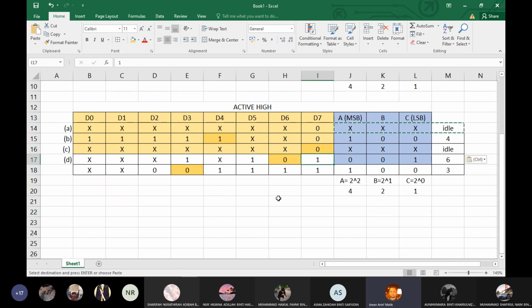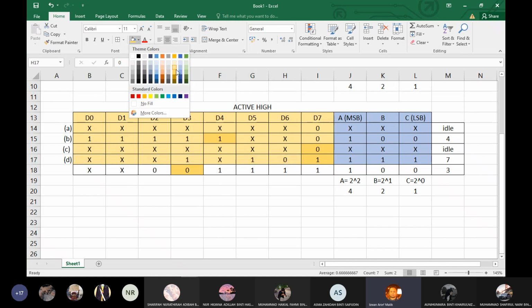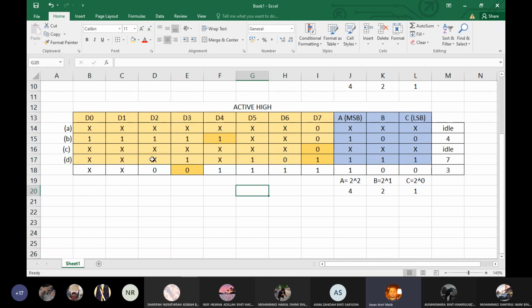This one kita ada dekat D7, so 1, 1, 1, which is 7. Okay, so this will become the highest priority. Yang ini semua dia jadi tak ada apa-apa lah. Yang ni jadi unknown. Yang 1, 1 ni semua jadi unknown. This one, ni saya dengan kosong. Ini pun kosong. Okay, so paling tinggi adalah 5.